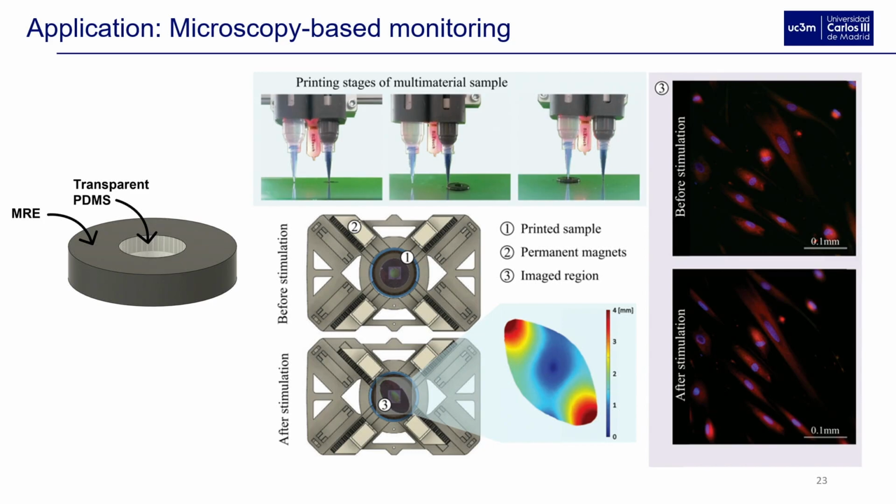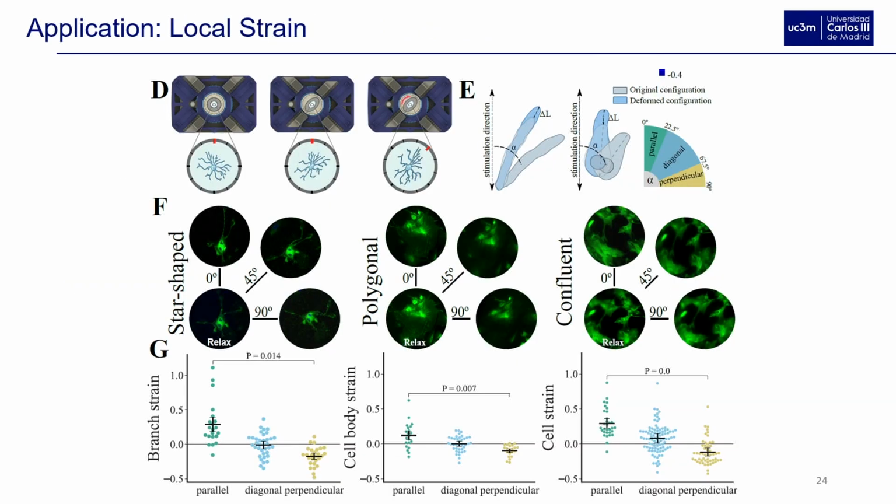So we manufacture a substrate composed of an outer shell of MRE that is magnetically responsive, and a core of transparent PDMS that allows cell visualization. In that way, we can impose some strain patterns and visually inspect the cells before and after stimulation and see some conformational changes.